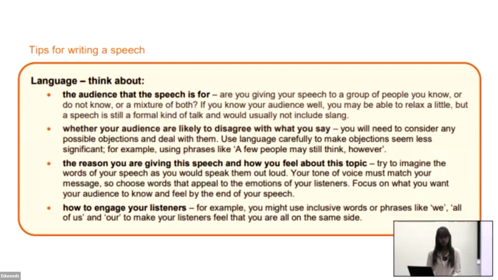So use your language carefully to make objections seem less significant. For example, using a phrase like, a few people may still think. You are just using a few. You cannot use all the people, because if you use all, you are not sure whether everyone will agree with you. So you can use a few people may still think, however, and then you state your perspective.